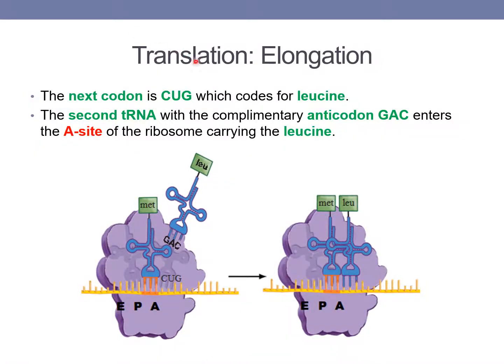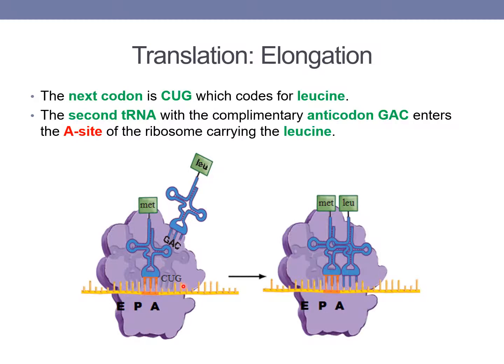The next step of translation is elongation. So after the starting amino acid has been delivered to the ribosome via the transfer RNA, the next codon, for example, here is CUG.